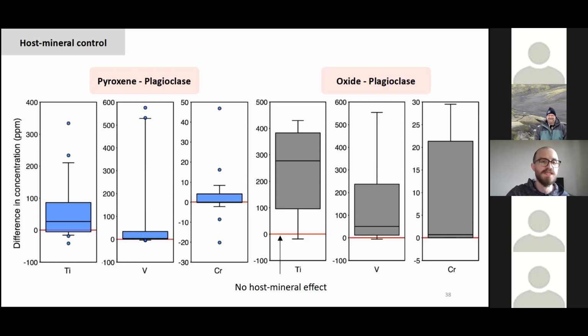And what we can see is that anytime the veins cut across pyroxene and oxide, they are systematically enriched in titanium, vanadium, and chromium, indicating that at least these three metals are not being sourced from the underlying mineralization, but rather they're being sourced very locally from the host mineral, and so are not applicable to exploration because they don't reflect metals originating from mineralization.